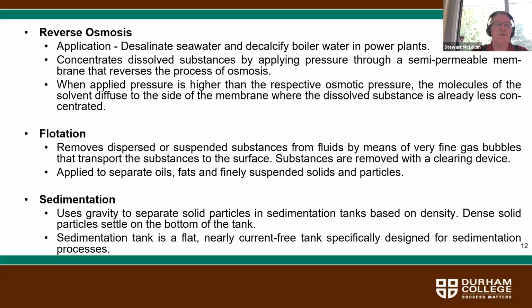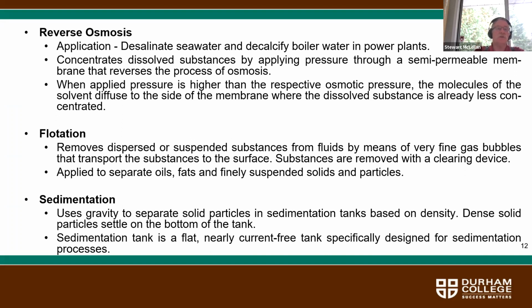If decalcification was not occurring, the calcium ions can come out of solution and begin to plug up tubes in the boiler system. So reverse osmosis is commonly used in power plants. When you get down into smaller scale boilers that you typically see in industrial plants, they're generally using chemical processes to reduce the calcium level of their water.